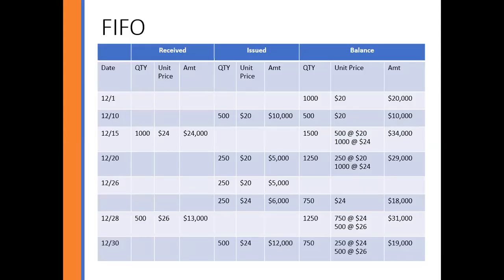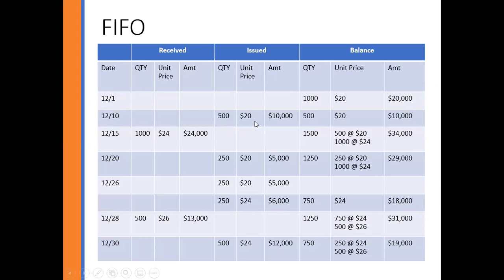So here's an example of FIFO. December 1, this would be our beginning inventory. We've got 1,000 units that cost us $20 each, so our material balance would be 20,000. Now, December 10th, we've issued 500 units to the factory.